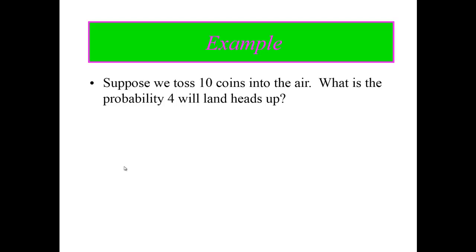So let's do an example just to make this a little more concrete. Suppose we toss 10 coins into the air. What's the probability that 4 will land heads up? And again, we don't really care whether it's the first 4 coins or the last 4 coins, or any particular arrangement of 4 coins, as long as we have 4 heads and 6 tails. So the binomial probability would be given by, of course, each head has a probability of 1/2, so there's 4 heads.